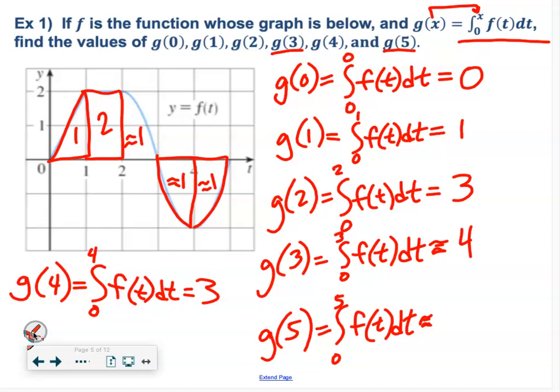So you get 3 plus 0 minus 1. So G of 5 is roughly 2-ish. How did we do on those? Did you guys remember to make this stuff below the x-axis negative? Yes, good. Okay. So if you're plugging numbers into an area finding function, that's what it means. You just plug it in for your limit and find the area.